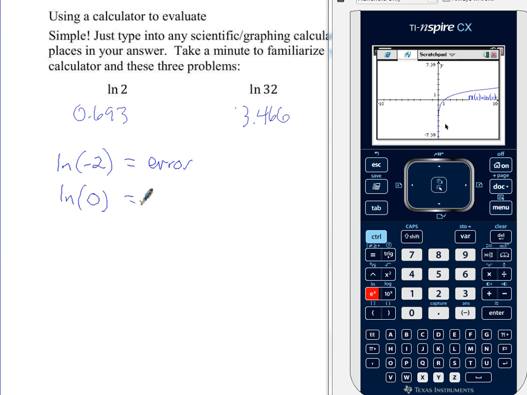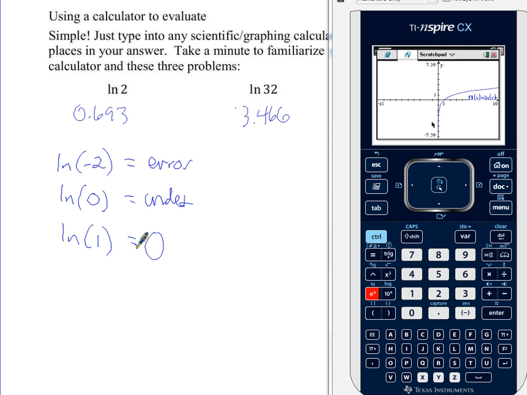Did they say undefined on that one? Yeah. Okay. All right. How about natural log of 1? 0. So when x is 1, that's when the graph crosses and becomes negative. We'll talk about natural log of 1 in a little bit and why it's 0. But that's the graph. That's what we're working with.